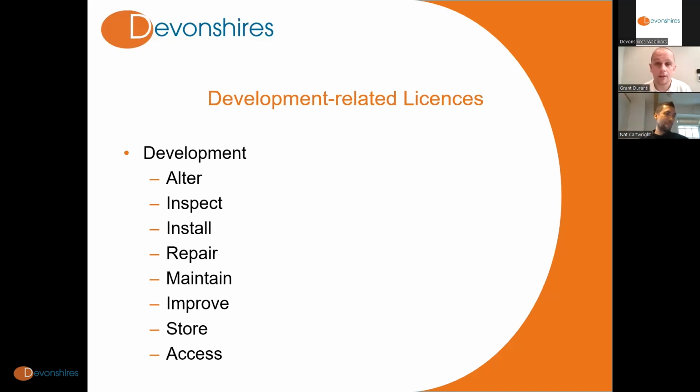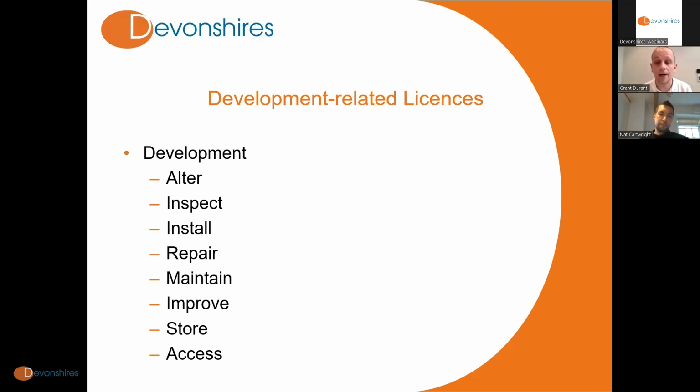And finally, very quickly, some specific things that you might want to do in the context of development, which would be catered for by a licence. You may want to alter your building, inspect some neighbouring land, install equipment, repair the building that you've got or maintain it, even improving, upgrading. You may want to be storing items on another piece of land.